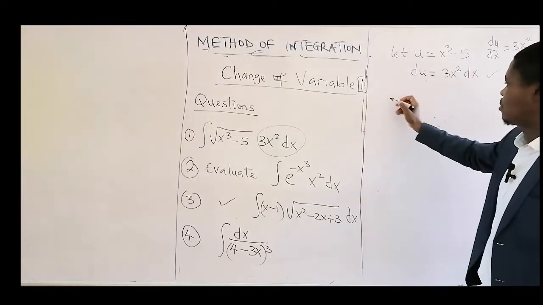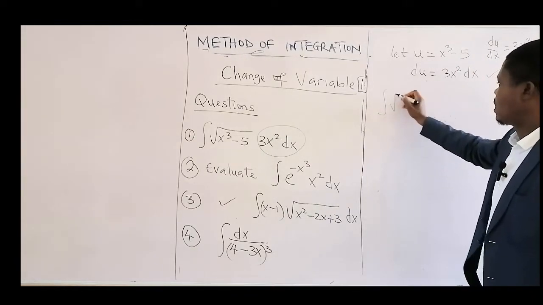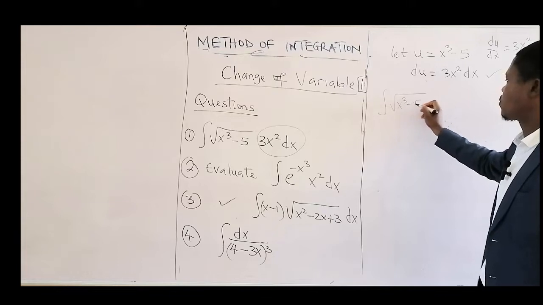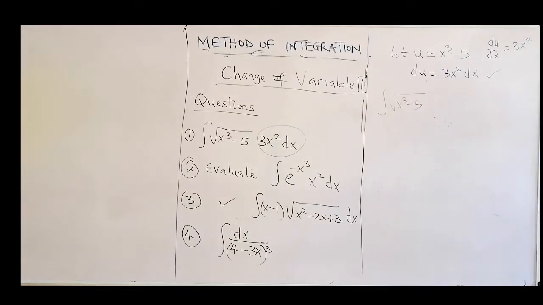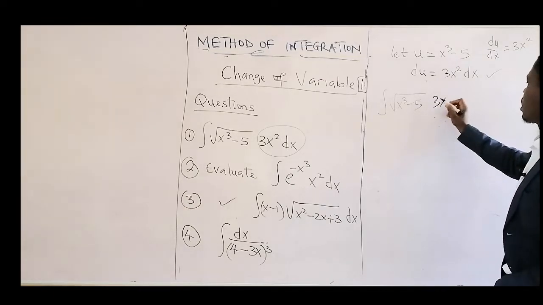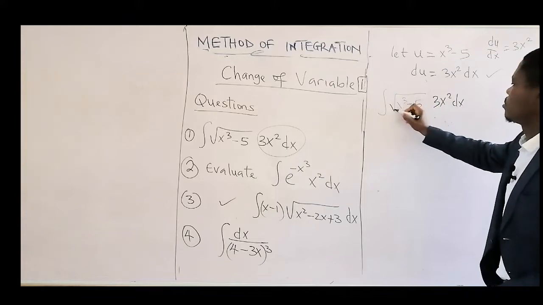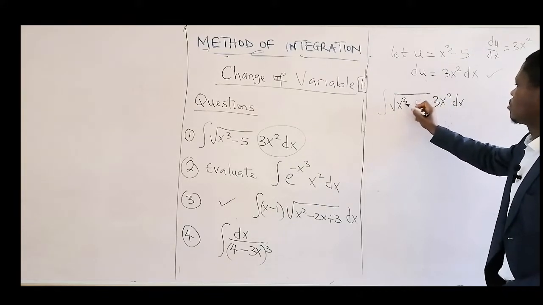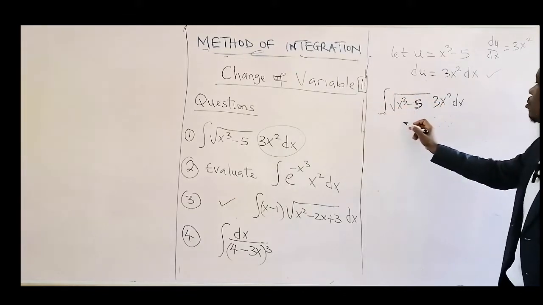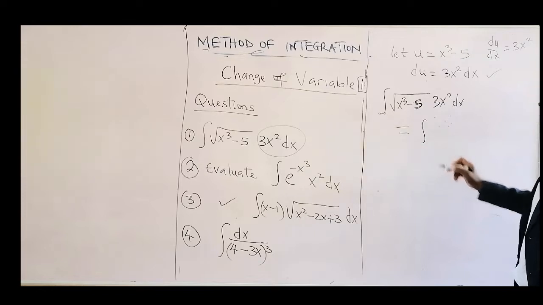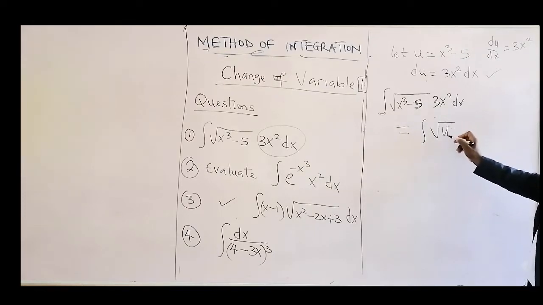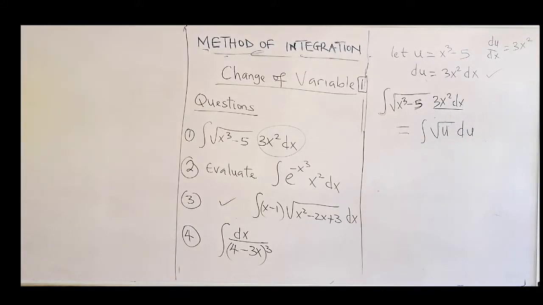So we now have the integral of x cubed minus 5, 3x squared dx, which will now be equal to the integral of root u du. So we have changed the independent variable to u.